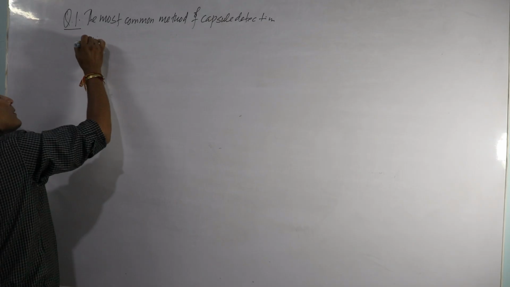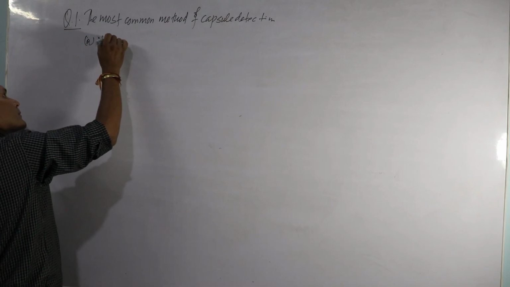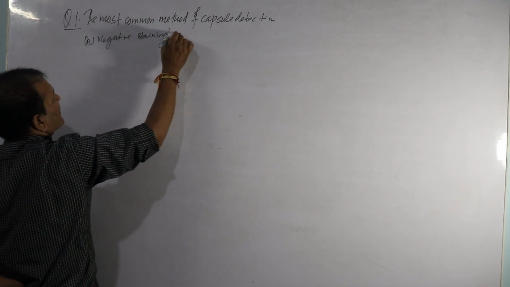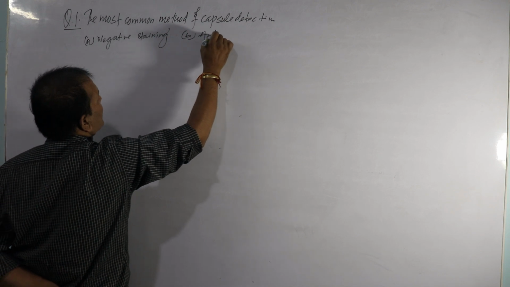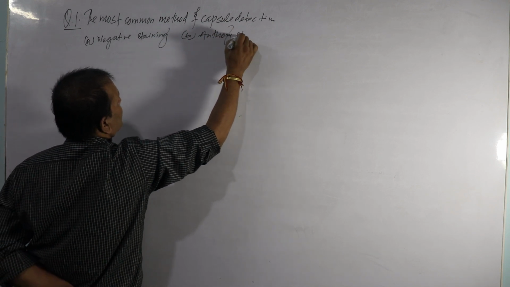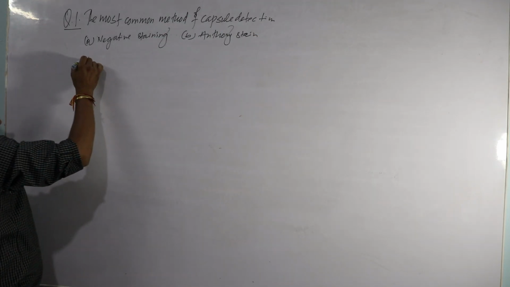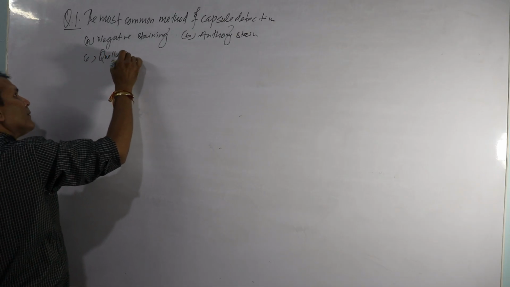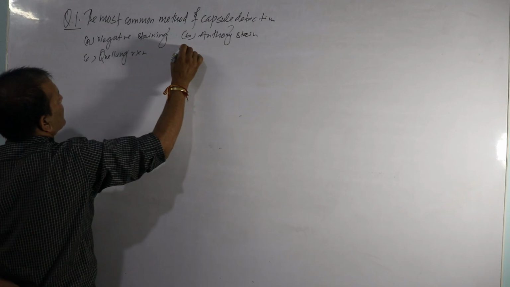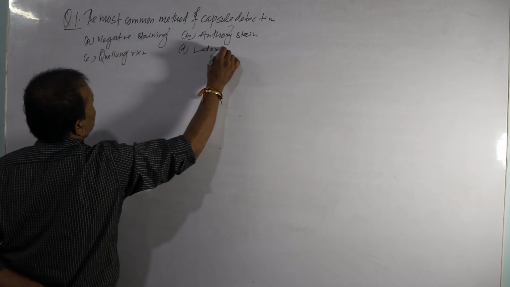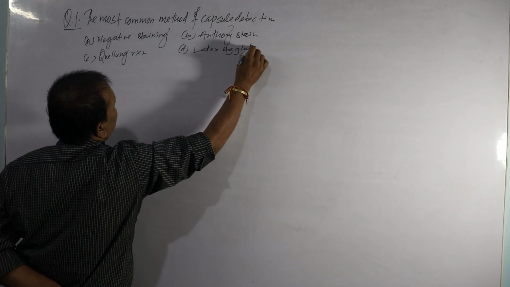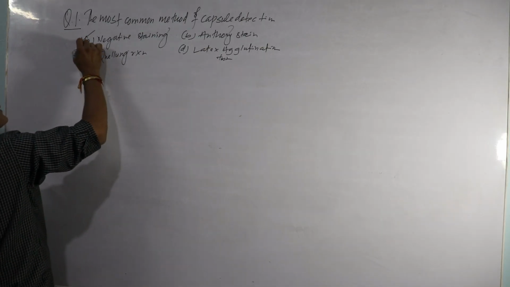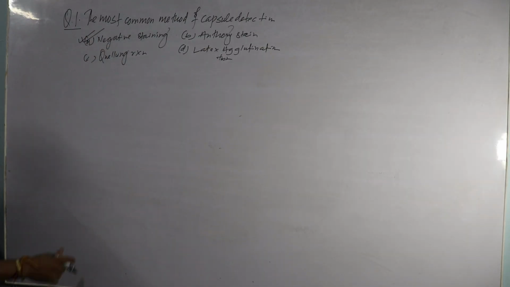A, negative staining. B, Anthony staining. C, Quellung reaction. D, latex agglutination. So we can take negative staining.